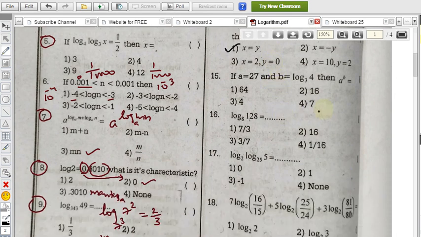Next problems are using the properties only. If a is equal to 27, b is equal to log 4 base 3, then find a power b.